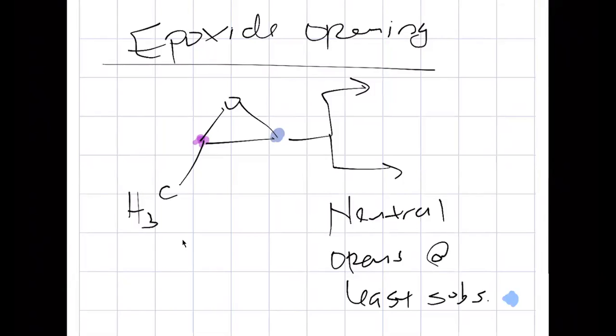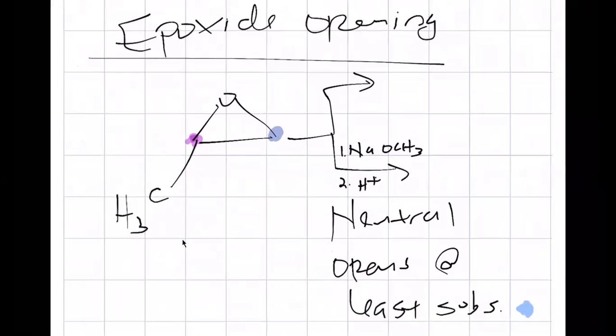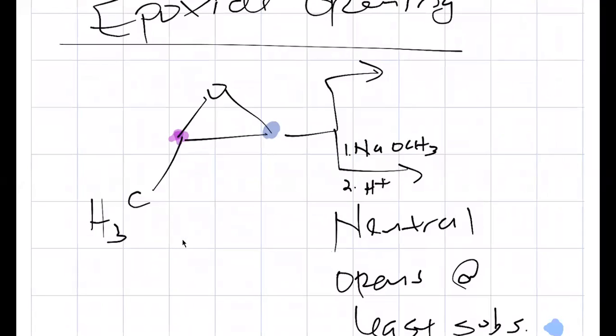So it's going to open at the carbon that's highlighted in blue. So if I just treat it with sodium methoxide, and then later acid, because you're going to have to quench it, right? I'm going to end up with this alcohol.